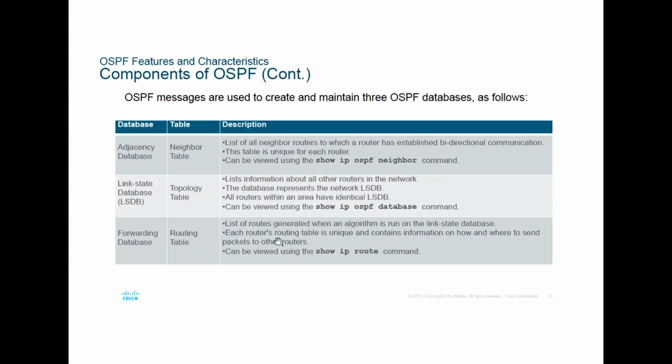Each router's routing table is unique and contains information on how and where to send packets to other routers. Finally, it can be viewed using the show ip route command. Using this command, we can get the information of the routing table from the forwarding database.